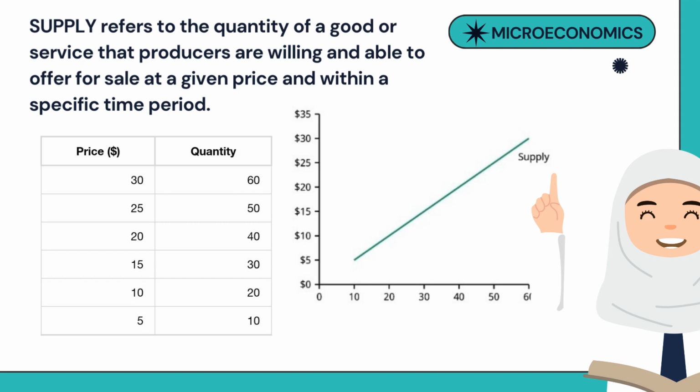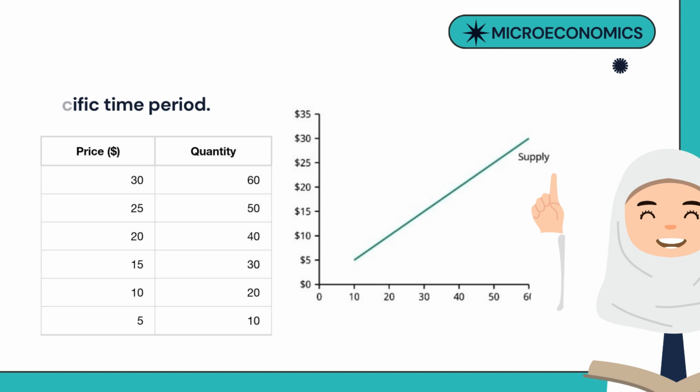Factors such as production costs and input prices can influence the supply curve, causing it to shift. An increase in supply is represented by a rightward shift, indicating a greater quantity supplied at a given price, while a decrease in supply is represented by a leftward shift.